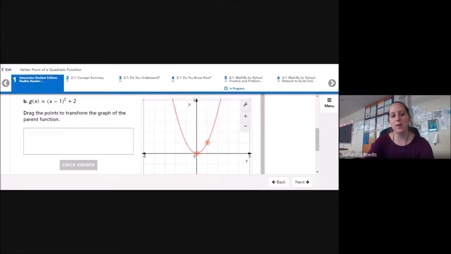So the minus 1 tells me move 1 unit to the right, and the plus 2 tells me to move 2 units up. So 1 to the right, 2 up. Nothing else. I don't vertically compress or shift or anything like that because there's nothing out in front.